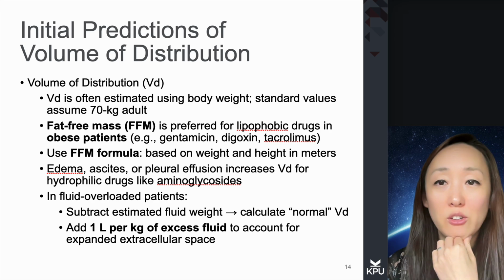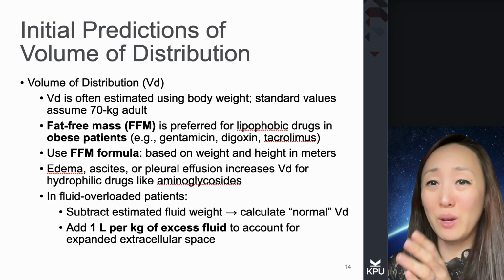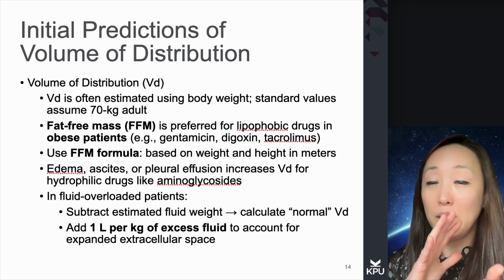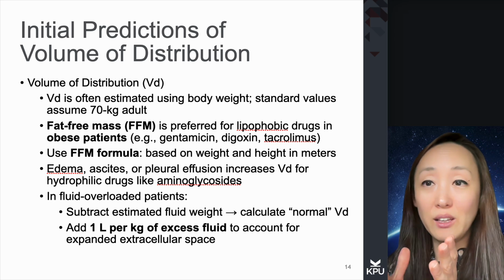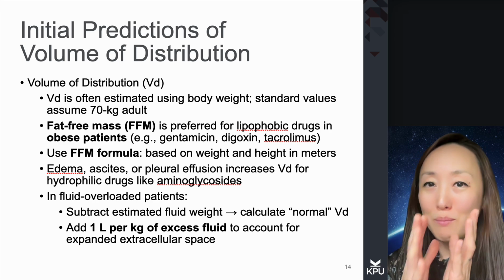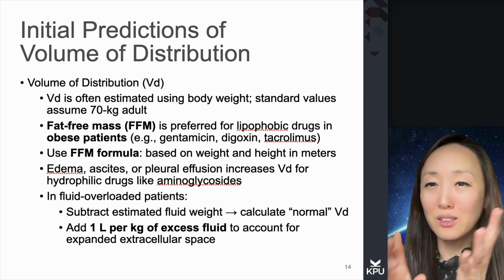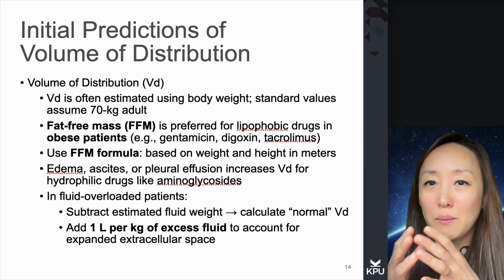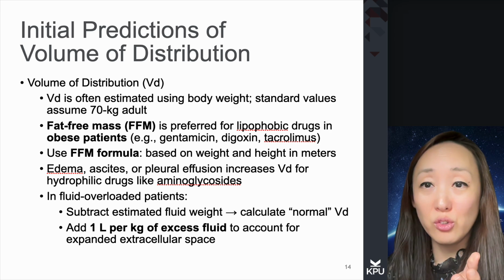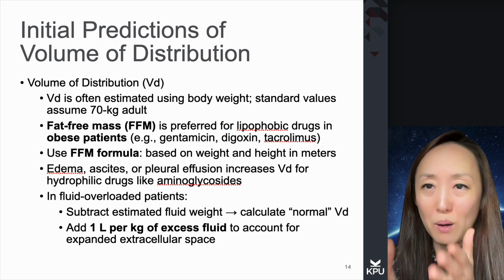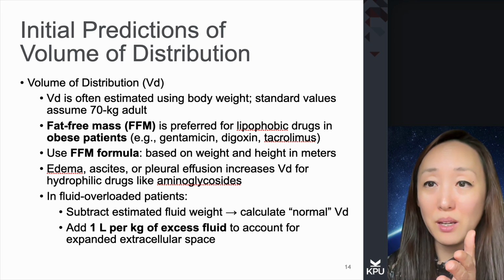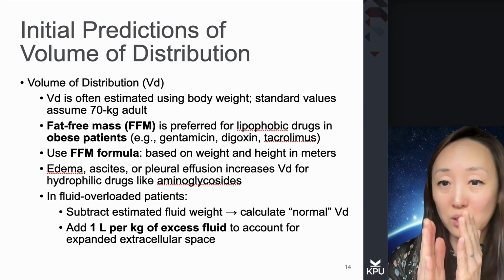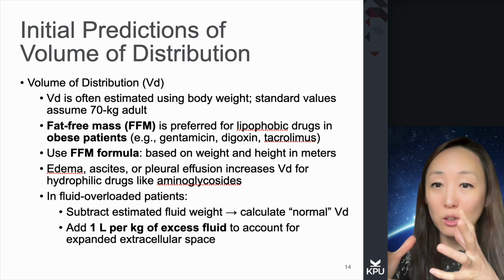So in heavier patients, we can't simply use the total body weight either, because their weight proportion may be from that much more fatty tissue. And remember, drugs like gentamicin, digoxin, they're lipophobic. So they won't necessarily penetrate and distribute into the fatty tissue. So if we use full body weight, then we end up overestimating the volume of distribution, when in fact, the compartment that these drugs will stay distributing it doesn't include these fatty tissues.